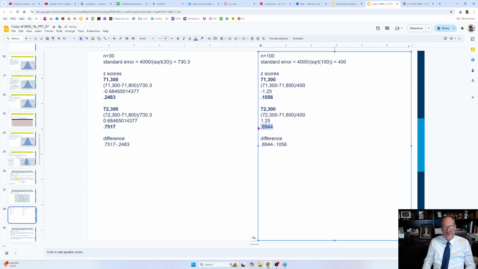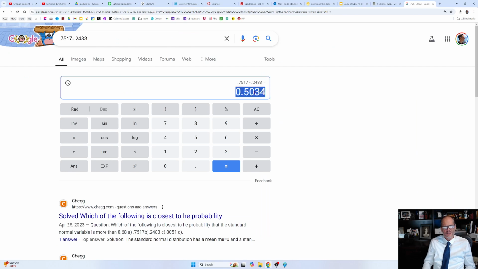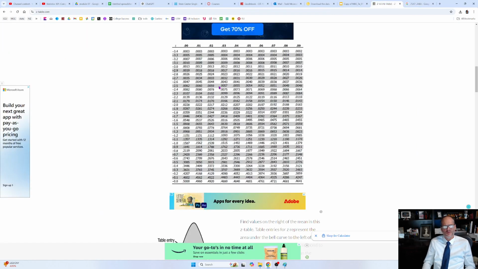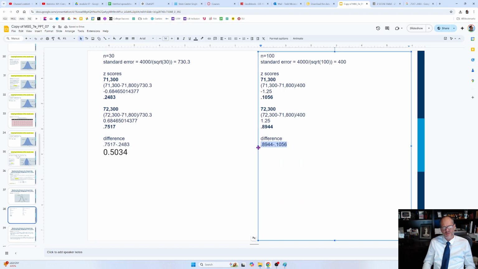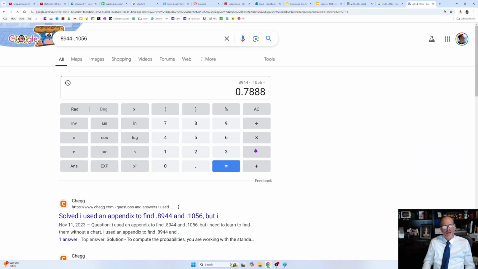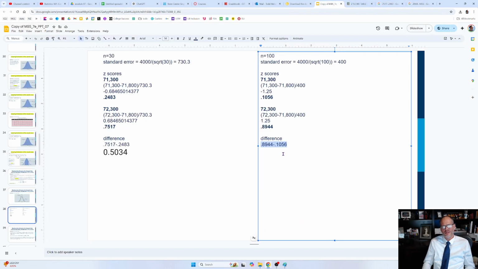Boom. And boom. And then we will calculate these, and we'll come over here and put that in, and we get this, and that's what we had before. I guess that's fine, 0.05, and we'll do this one, and we have this, right? That makes sense.